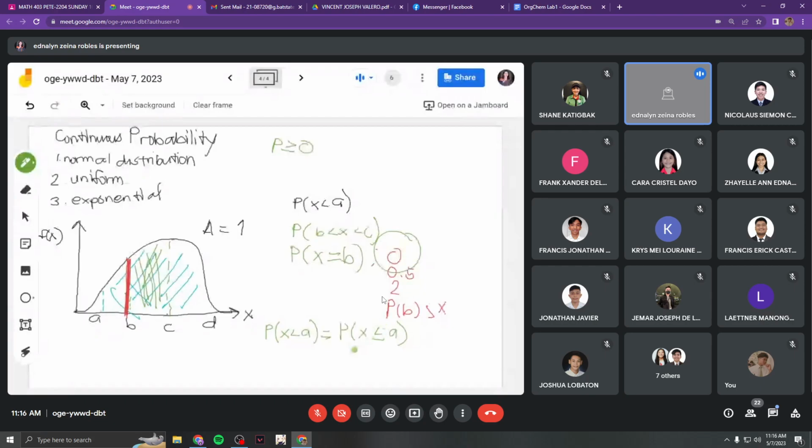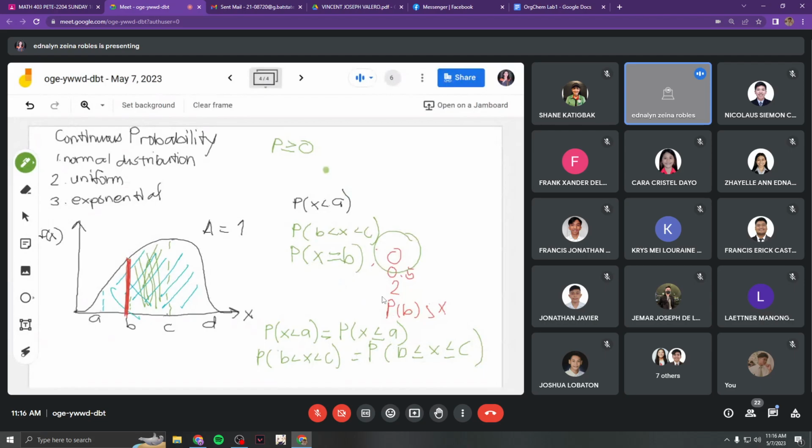And if we want to get, for example, the probability between b and c, it is equal also to the probability of b less than or equal to x, but less than or equal to c.